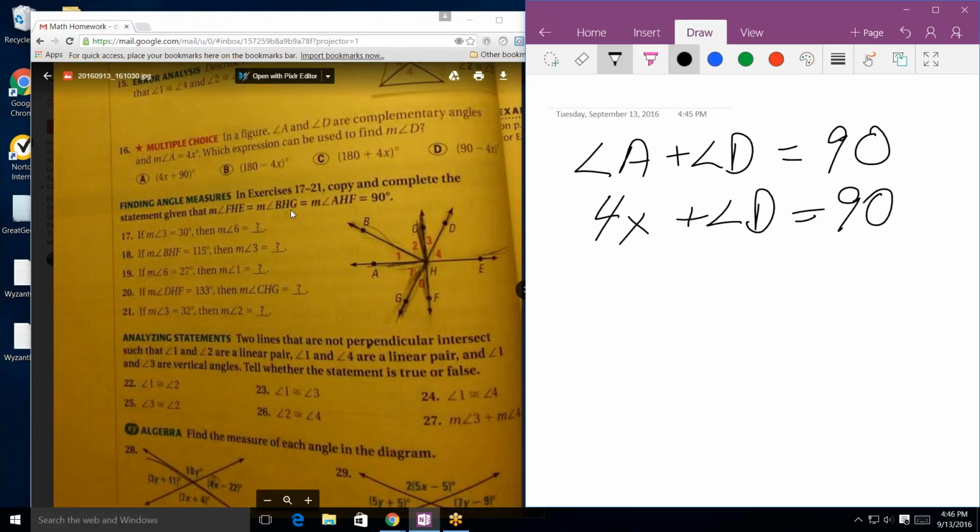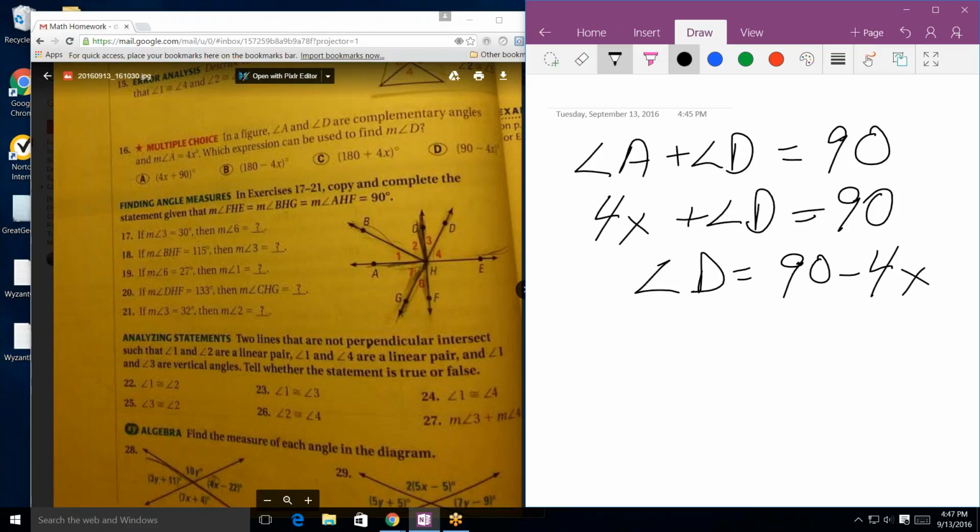And then use the subtraction property of equality, so minus 4x. That's how you got the answer. So angle D equals 90 degrees minus 4x. Correct. All right. Let's look at 17.